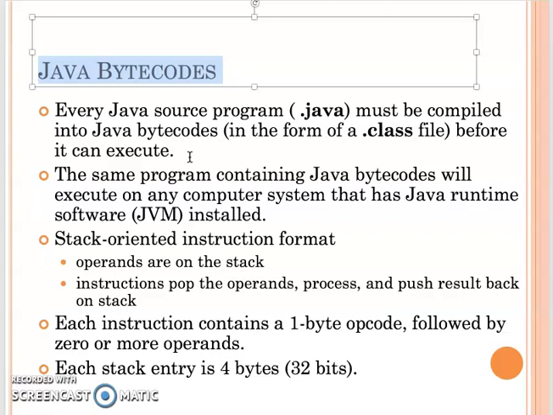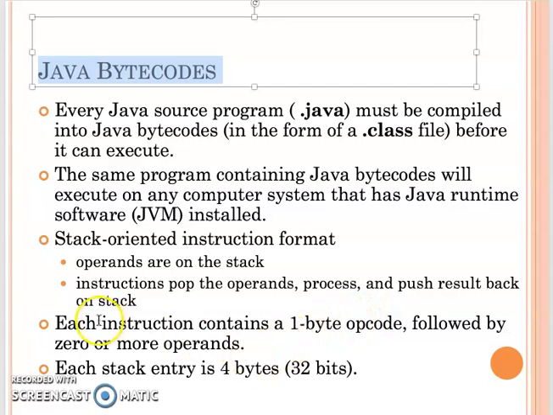Also, the Java bytecode file has a stack-oriented instruction format. They put each method in an individual memory stack. So you have an operand stack, you have an instruction stack, you have your operator stack.